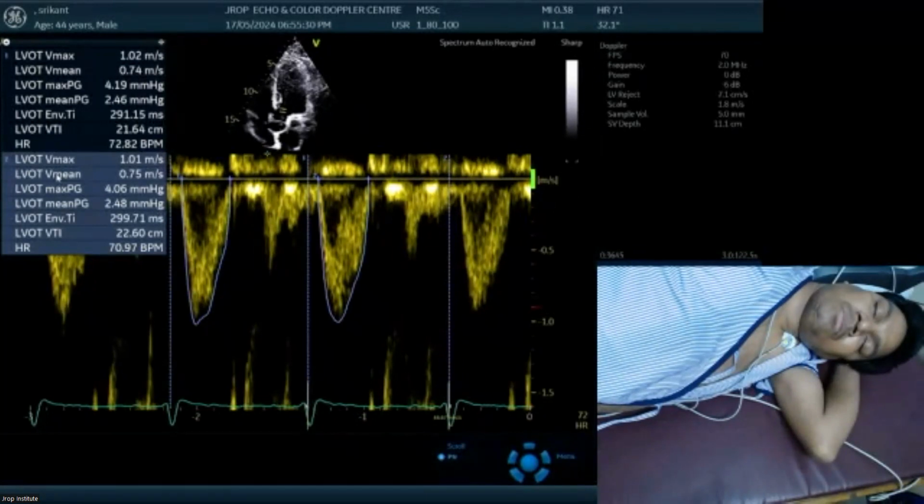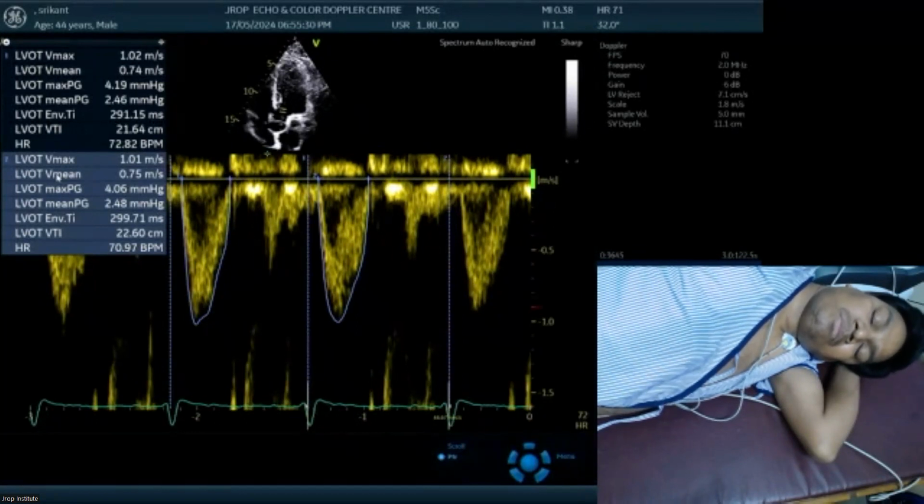Then the fourth point is the mitral to aortic velocity integral ratio, more than 1.4 is considered severe. Then we look at regurgitant volume, either by direct method or by PISA, to be more than 60 ml.